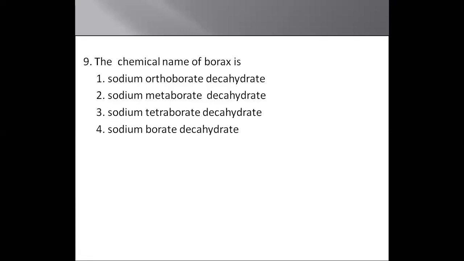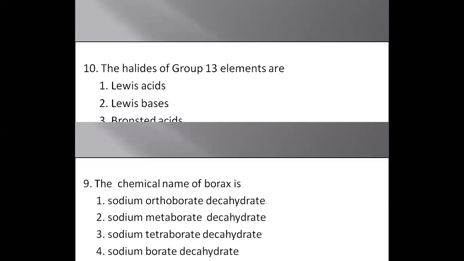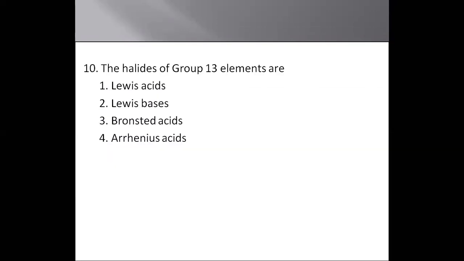Just now we discussed the chemical name of borax. The chemical name of borax is sodium tetraborate. That is the third option. We have already discussed that. Now the 10th one, the halides of group 13 elements. This also we have discussed: the halides formed by these group elements are deficient of an electron pair.